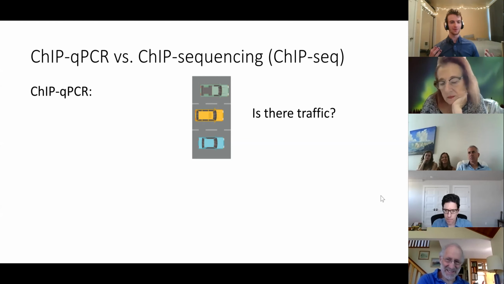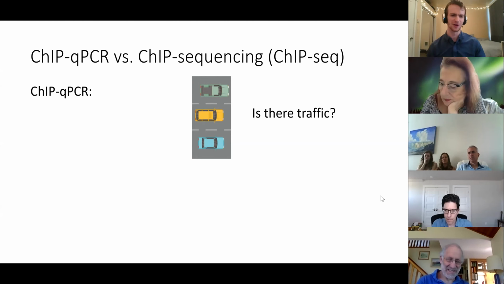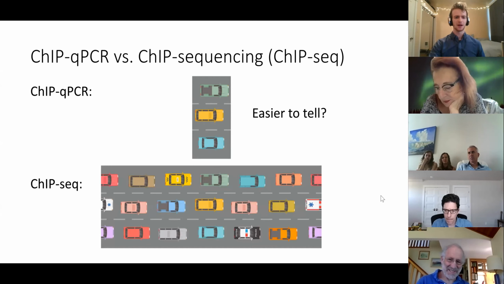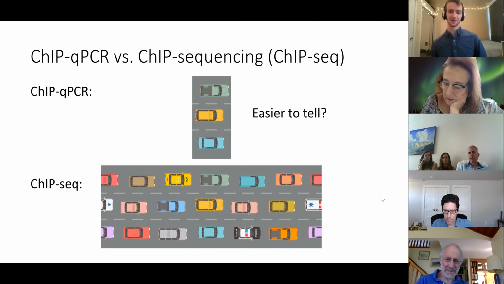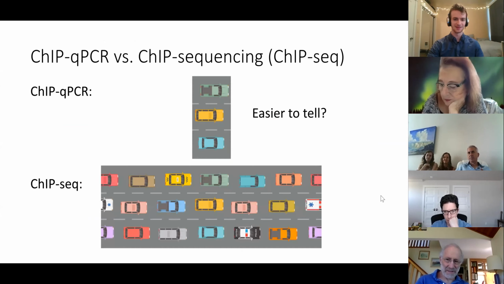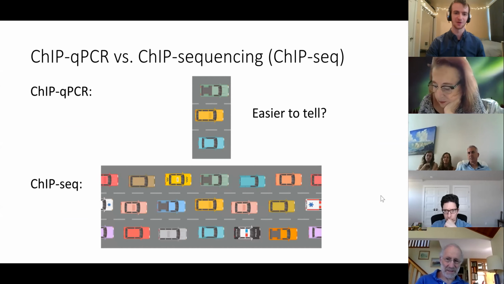It's hard to know how much traffic is going to be on your route, or if you're going to be late. But ChIP sequencing gives you the full picture, the entire highway. This is the information you want, because it gives you the context, right? So now we can see that there is indeed plenty of traffic on the road, or we would have found out that it was not.